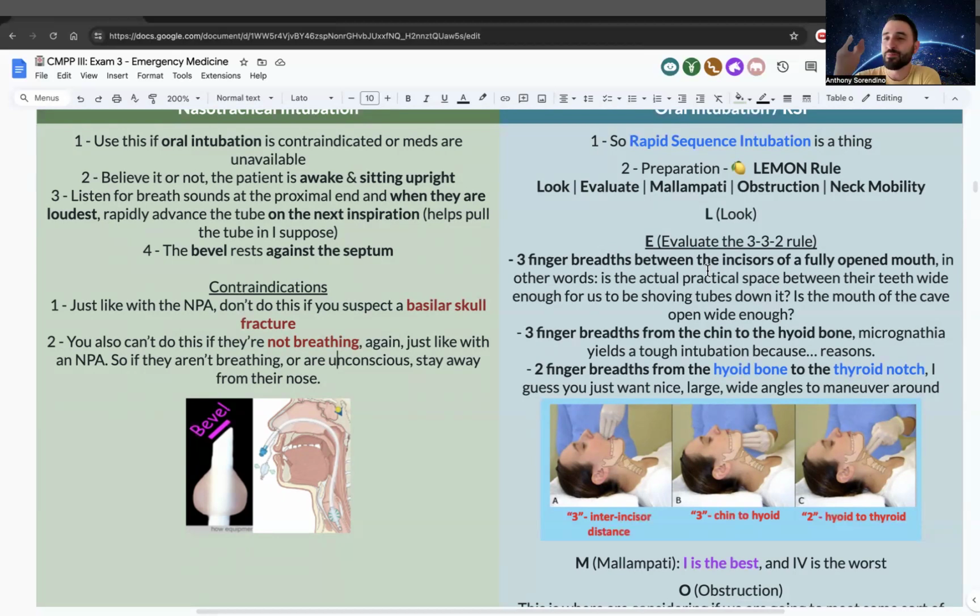It's kind of arbitrary, whatever. So 3 fingers you want between the teeth, and then 3 fingers between, I believe it's the jaw, the edge of the mandible here, and the hyoid bone, right? And then it's 2 between the hyoid bone and the thyroid notch, your Adam's apple, I think.